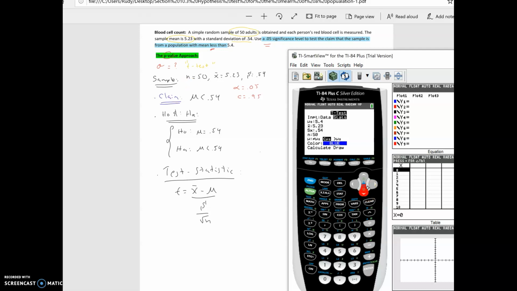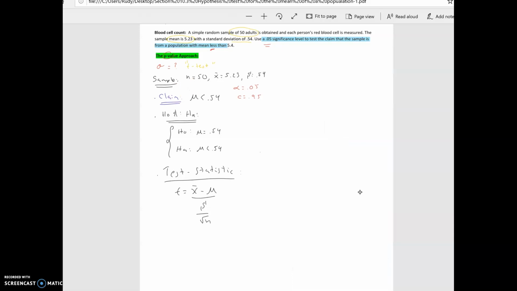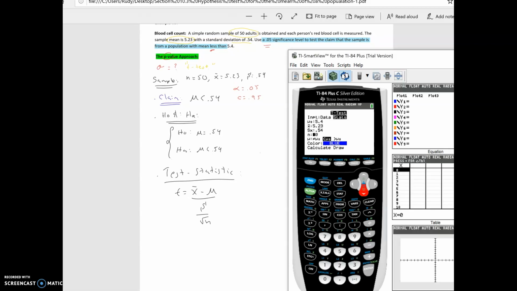Then the sample mean 5.23, followed by the standard deviation, which is 0.54. The sample is from a total of 50 individuals. Since the claim is a less than, make sure you highlight the less than, or the left tail test, and then run it.